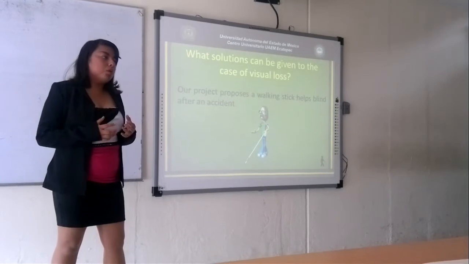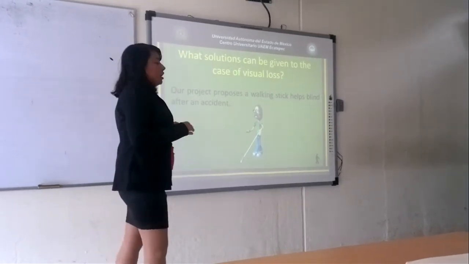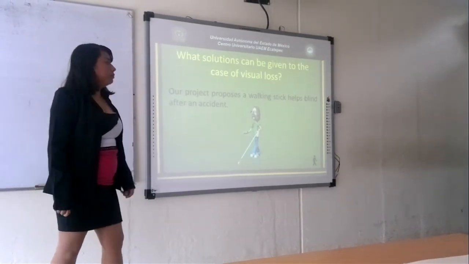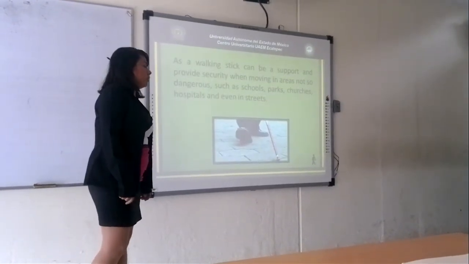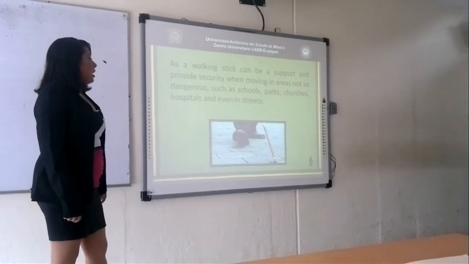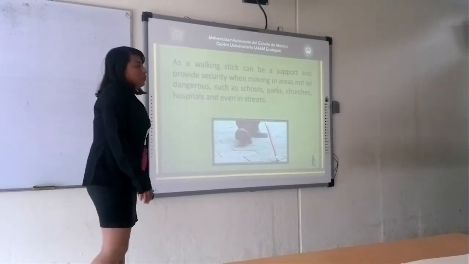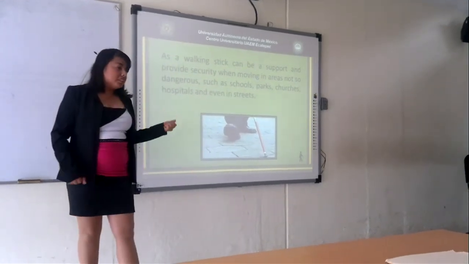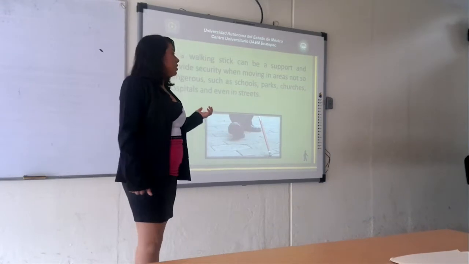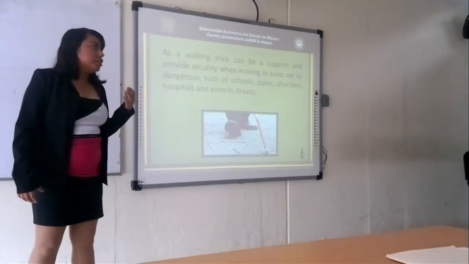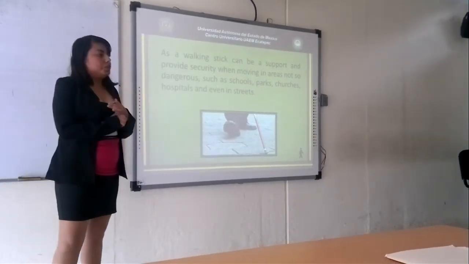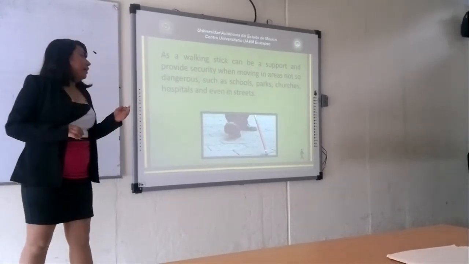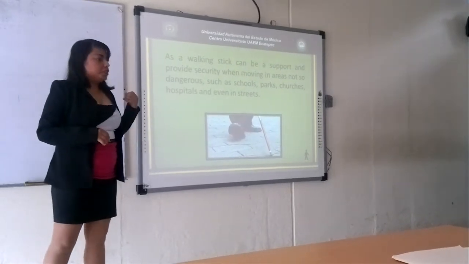Our project proposes a walking stick for blind people after an accident. A walking stick can support and provide security when moving in areas that are not too dangerous, such as school, park, hospital, even in streams.